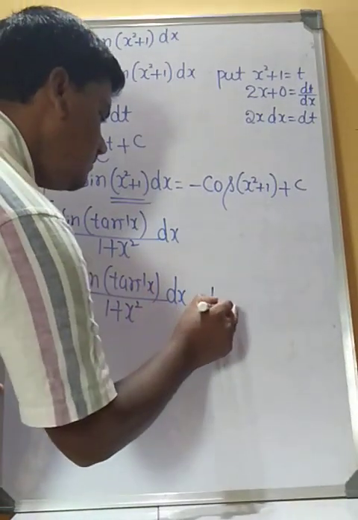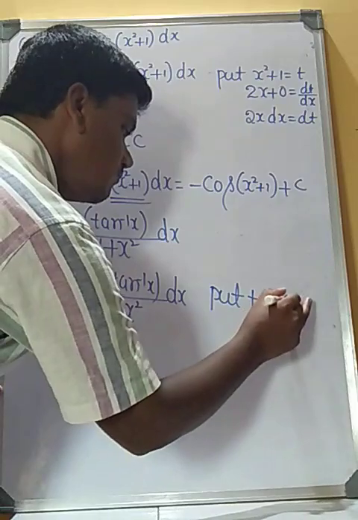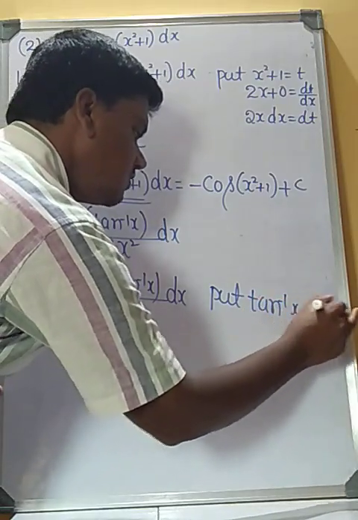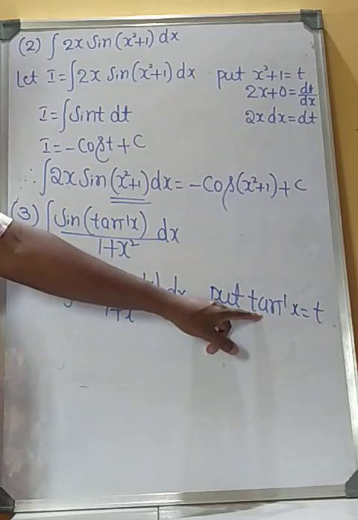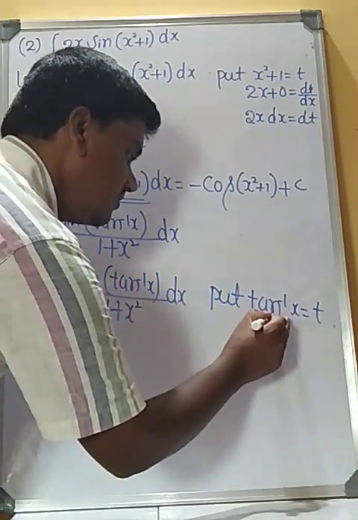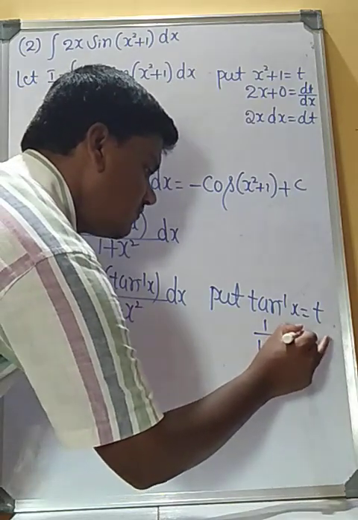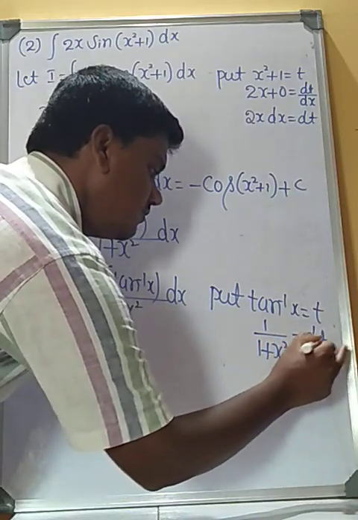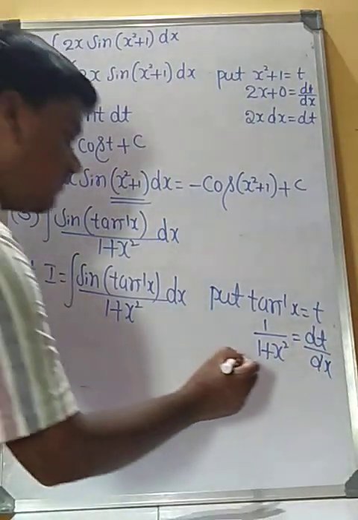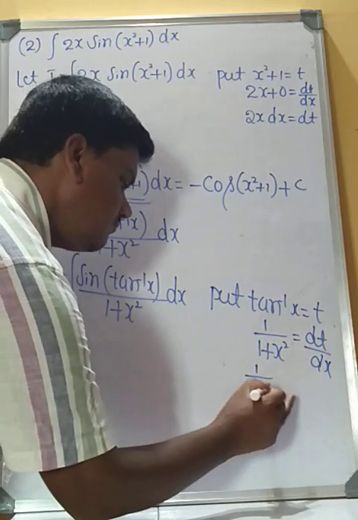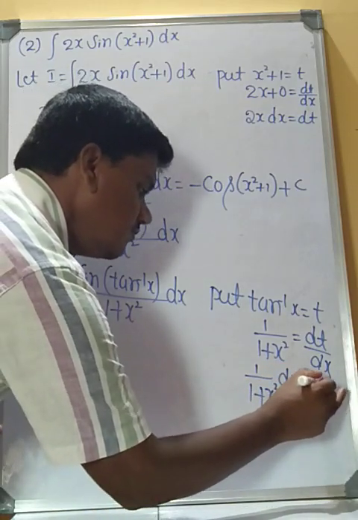Put tan inverse x is equal to t. Differentiate with respect to x. d by dx of tan inverse x is 1 by 1 plus x square, equal to dt by dx. Therefore, 1 by 1 plus x square into dx is equal to dt.